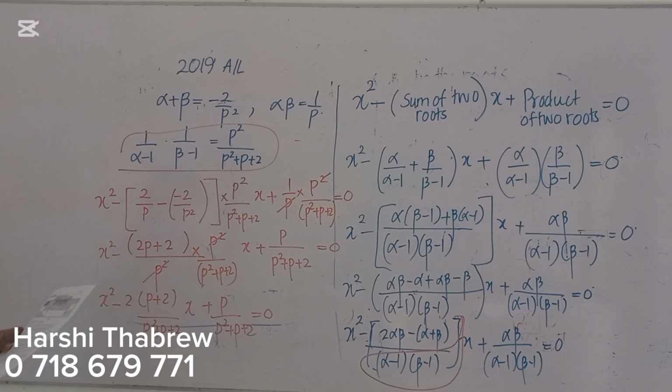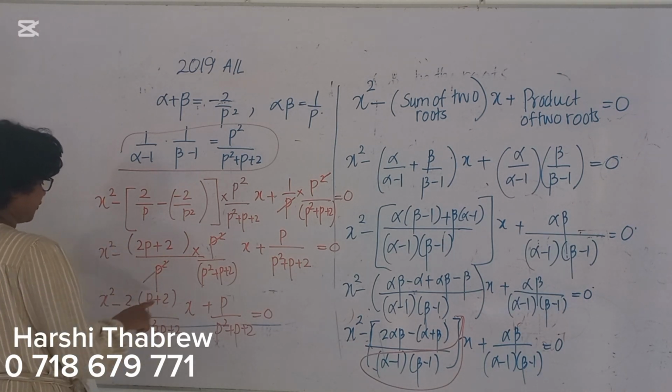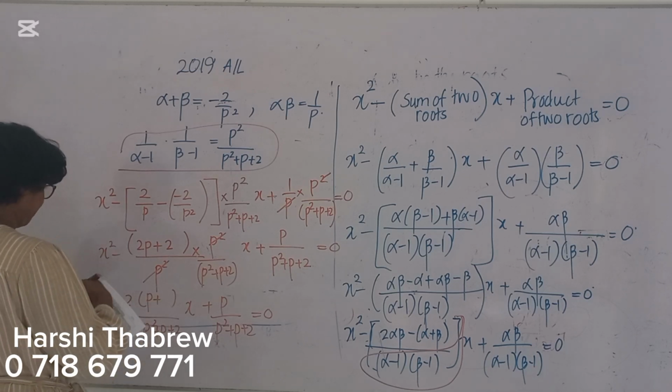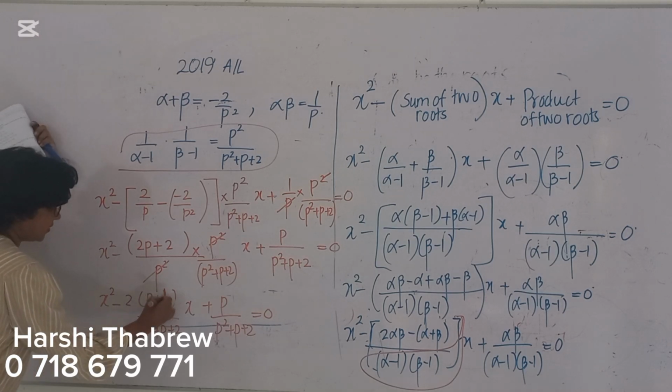Let's see what the answer given is. In the answer it's given that when you take this outside of the brackets, this should be 1. It's a mistake, right? Okay, then this is 1. It should be 1.